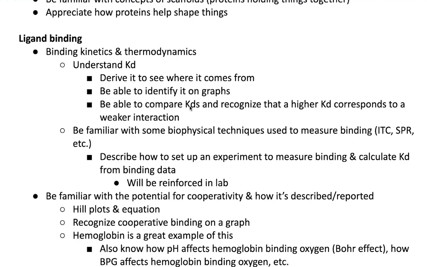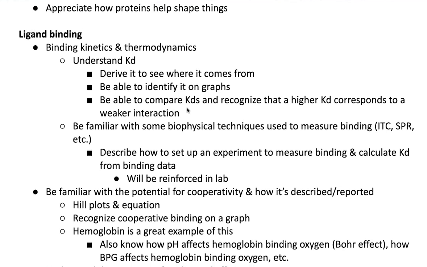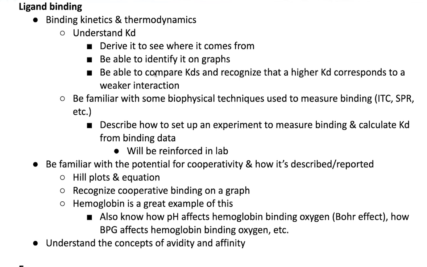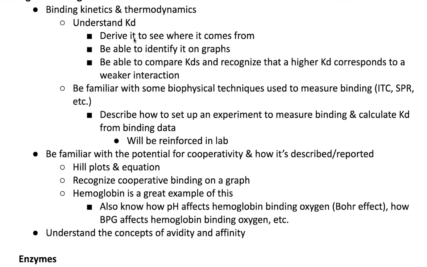So the more of the partner that you have to add in order to have enough interactions for them to stick together, the weaker that interaction is going to be. So a higher KD is going to be a lower affinity, and a lower KD is going to be a higher affinity. And so deriving this can help you see where it comes from. So do that at least once, I suggest.